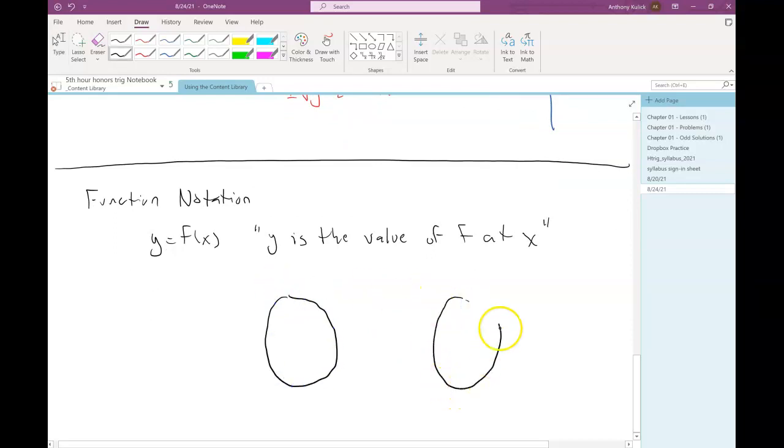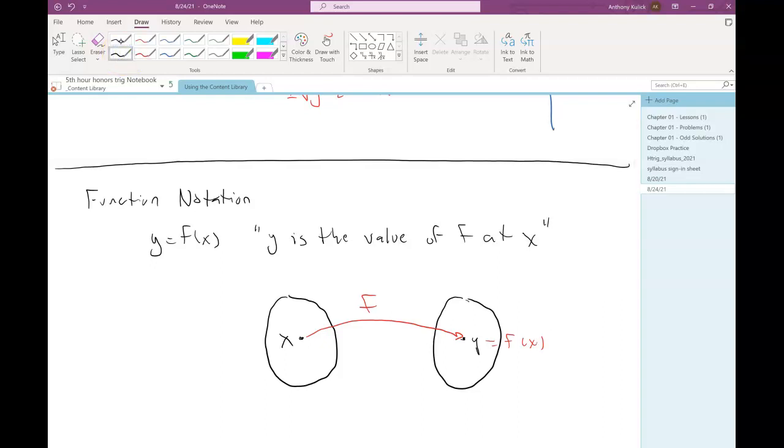So if I was thinking about it as a mapping diagram, my x turns into a y when I apply the function, or the set of instructions, that is called f to it. So this y is really the transformation of x using the function f.